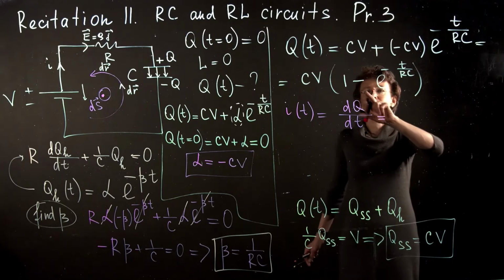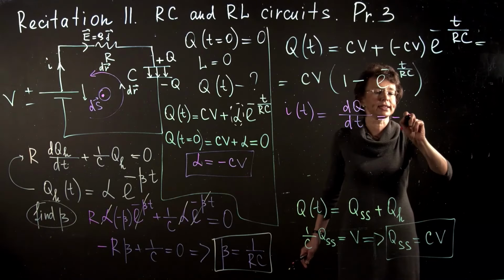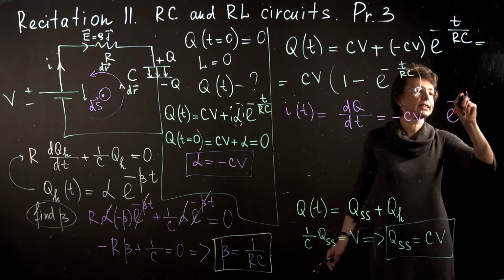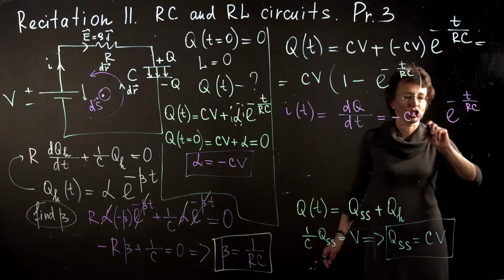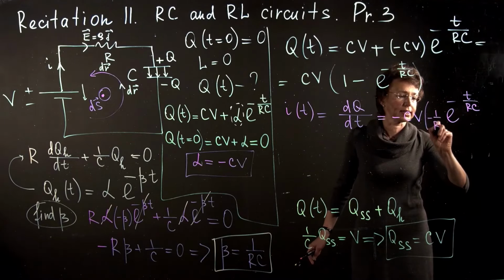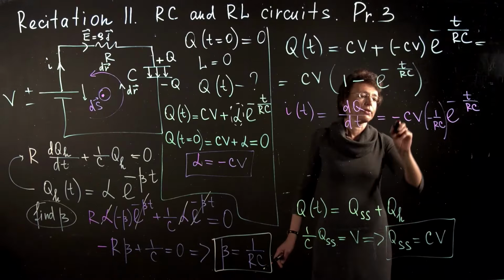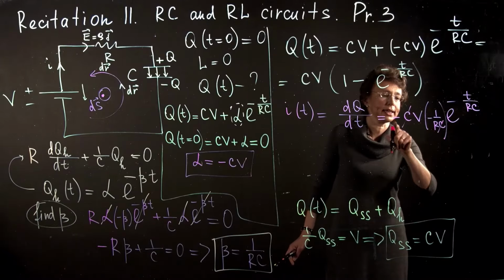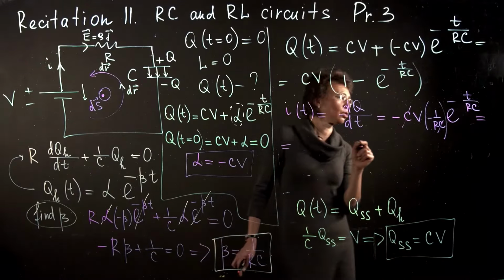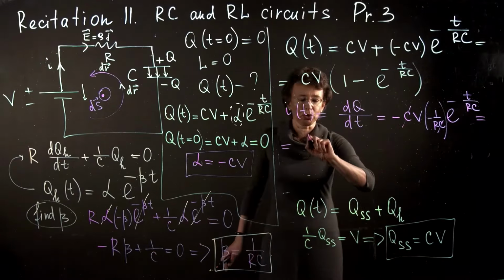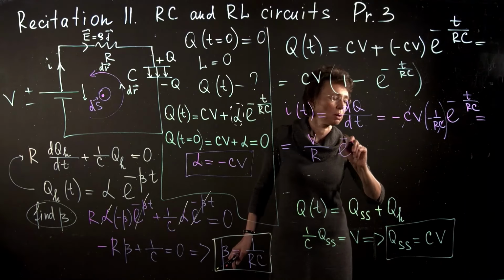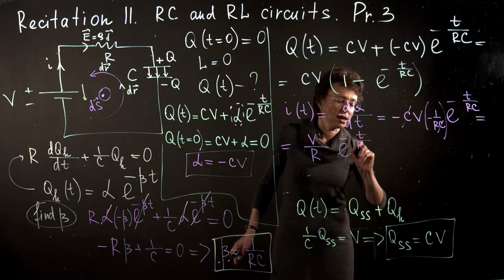Derivative of 1 is 0, then I have minus CV here, and then I differentiate the exponential function of minus t over RC, and the chain rule will give me minus 1 over RC. Then I simplify C and C, minus and minus is plus, and we have current as a function of time as V over R times the exponential function of minus t over RC.